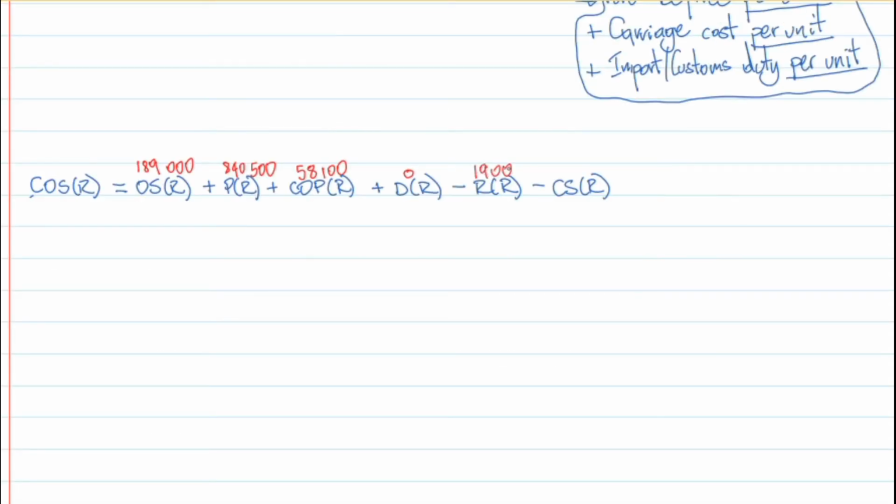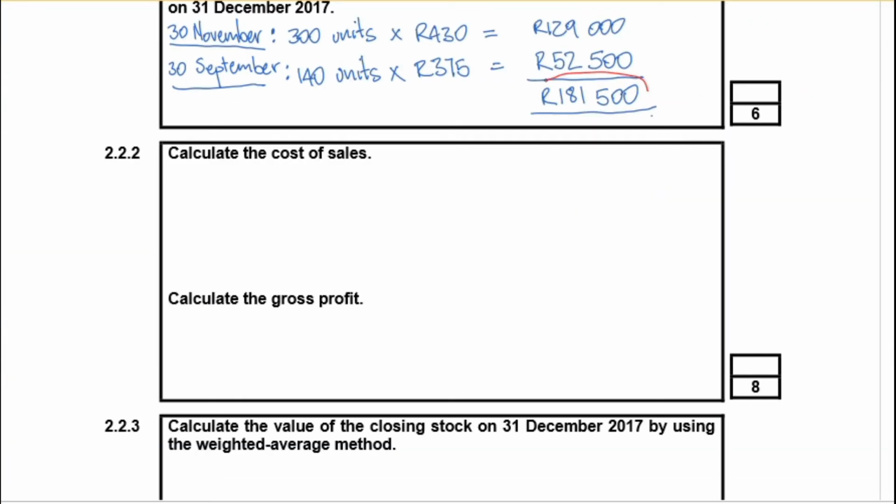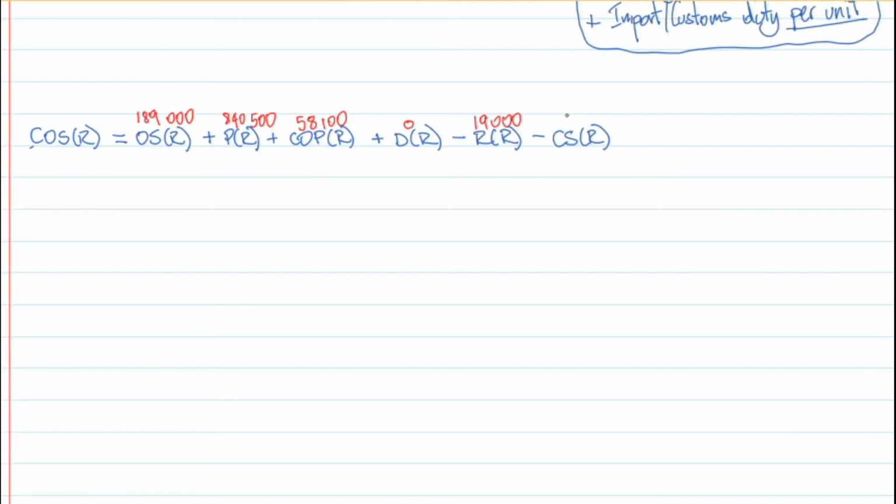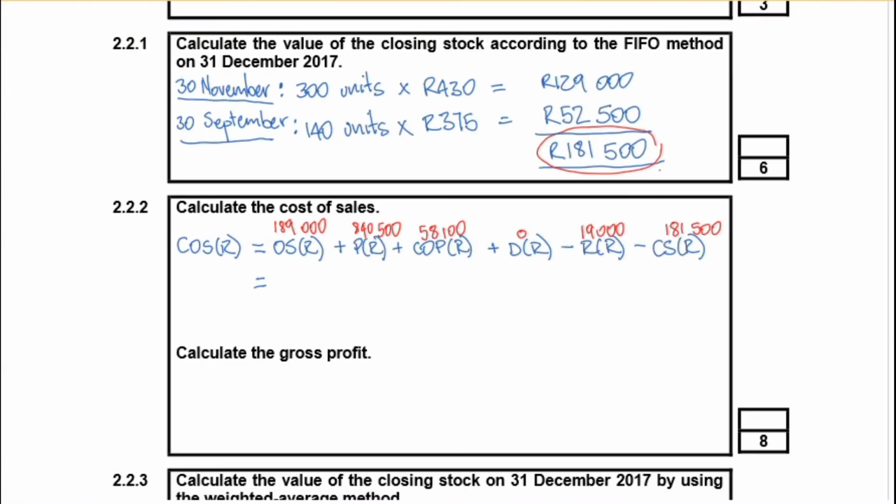The value of closing stock we've already calculated above to be 181,500 rands. Therefore, when we do the calculation, we end up with a cost of sales figure of 887,100 rands.